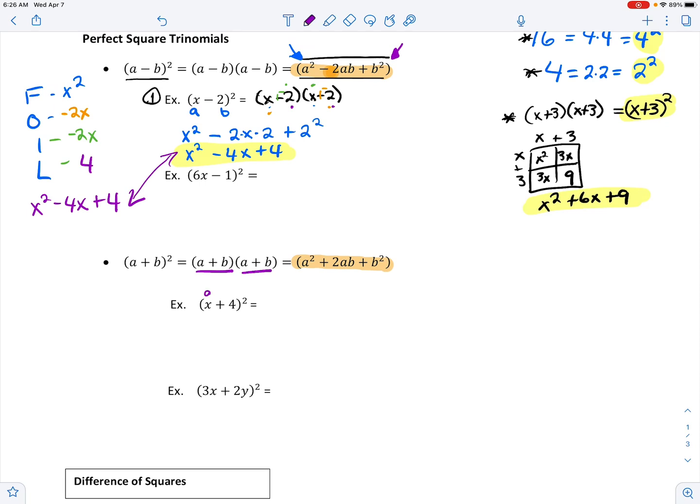Now, if we take x to be a and 4 to be b, then this becomes x squared plus 2 times x times 4 plus 4 squared. If we simplify it, 2 times 4 is 8, so this becomes x squared plus 8x plus 4 squared. 4 times 4 is 16. And here's our answer.